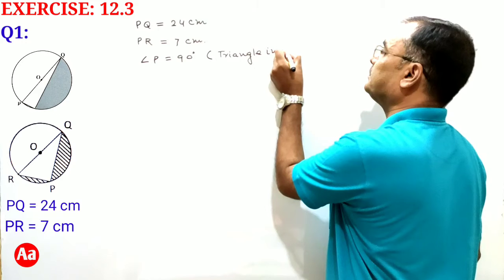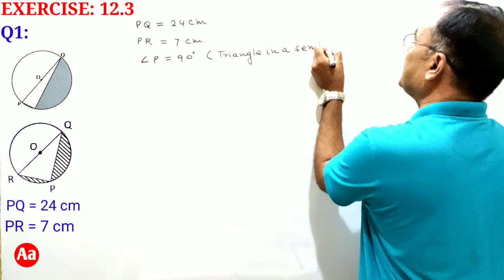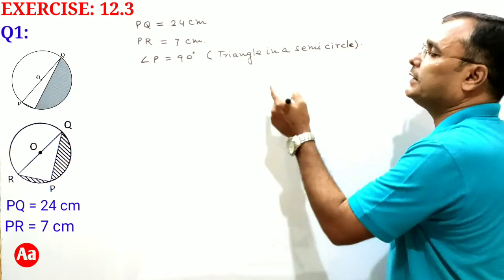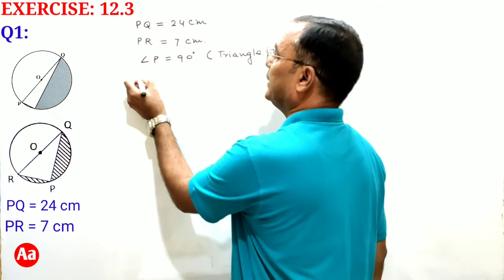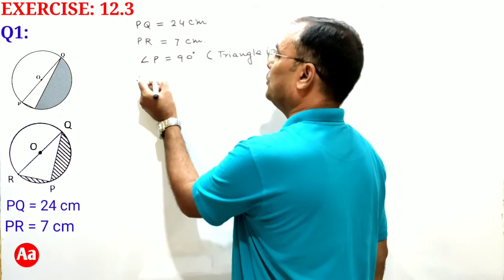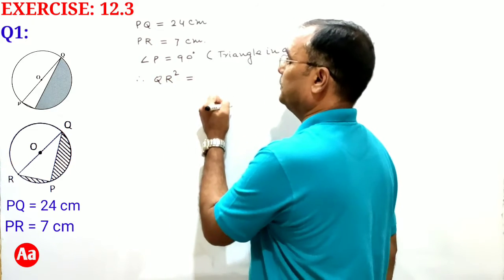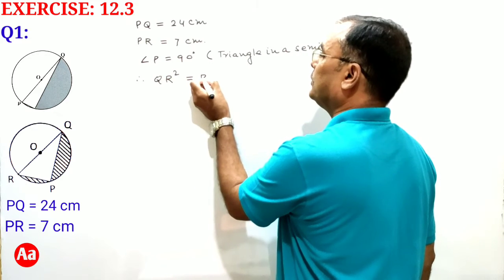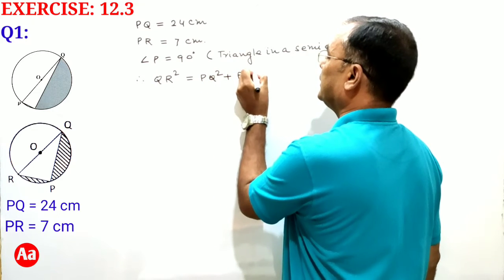Triangle in a semicircle is always a right angle triangle, so angle P is 90 degree. Therefore, using Pythagoras theorem in triangle QPR, we can write QR square equal to PQ square plus PR square.